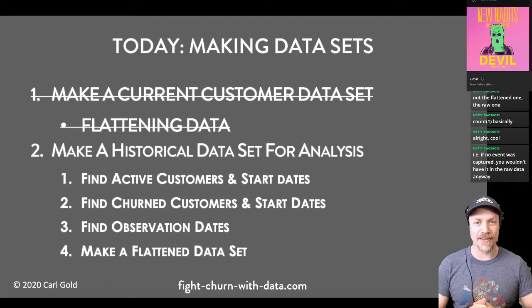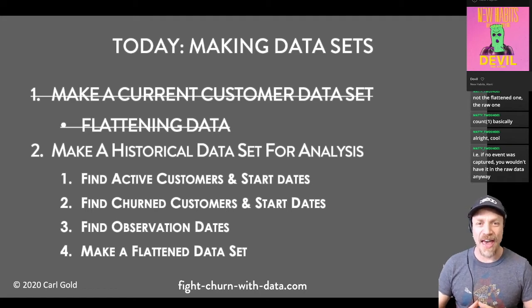If you're trained in statistics, you would call that the dependent variable, the variable that you're trying to explain. And so for churn data sets, you make a historical data set because it's going to involve your customers who either churned or did not churn. And that's what's going to be the rows in your data set. Each row is going to be a customer who churned or didn't.